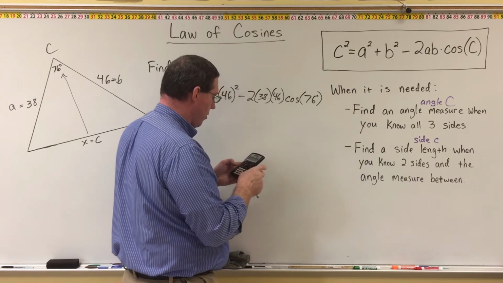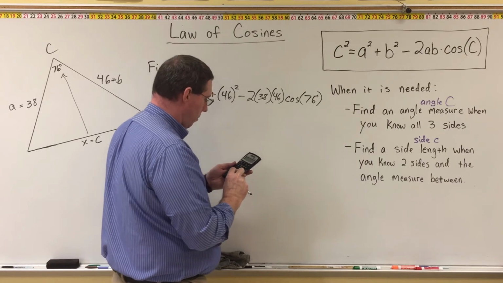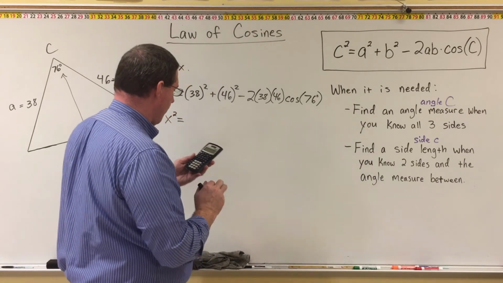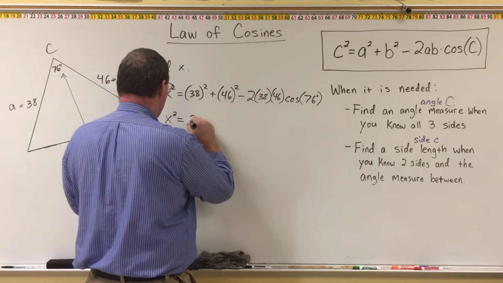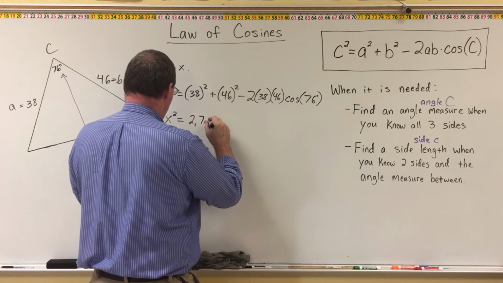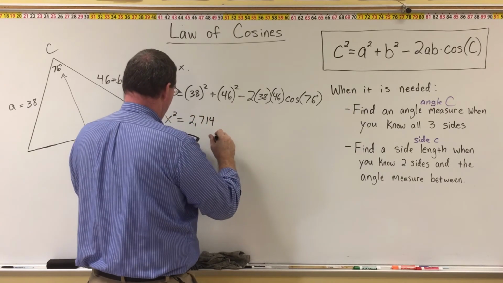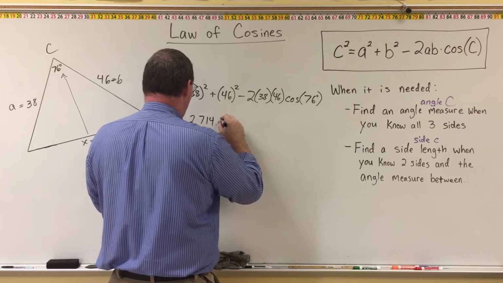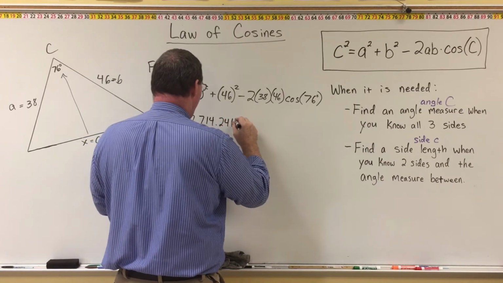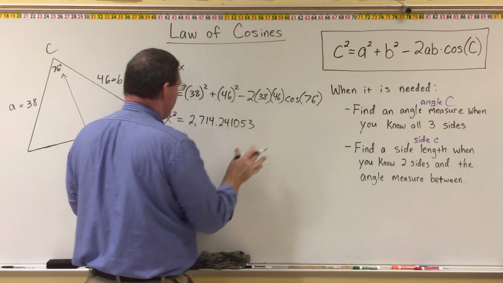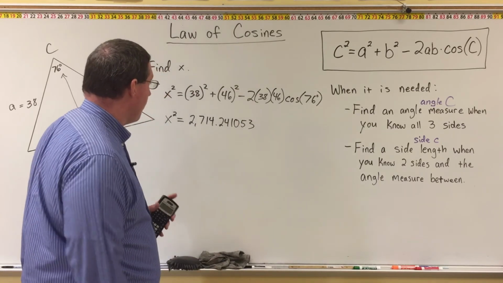My calculator is in degrees, and I'm just going to press enter. Here's what I get: 2,714.241053. I don't want to round yet because I'm not at my final answer, but I'm almost done.